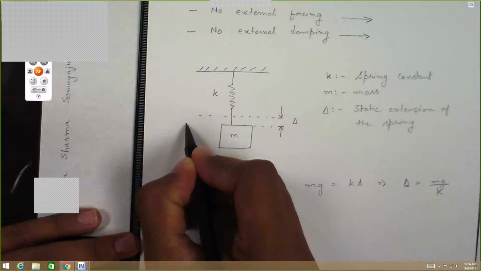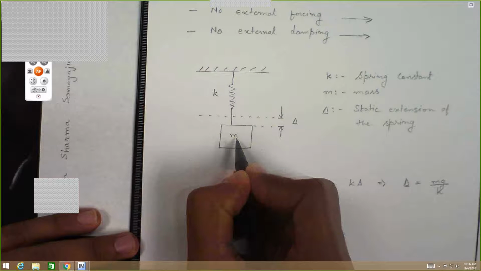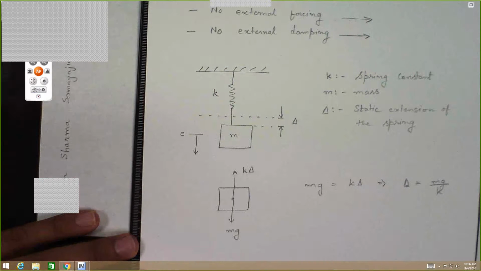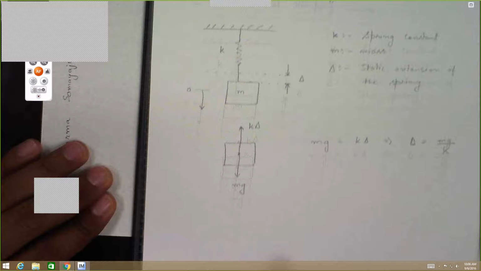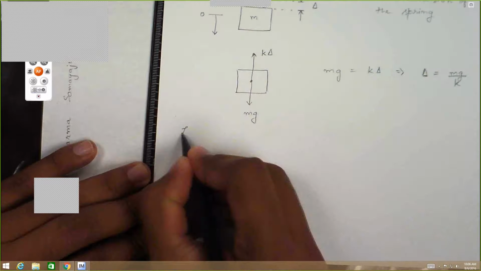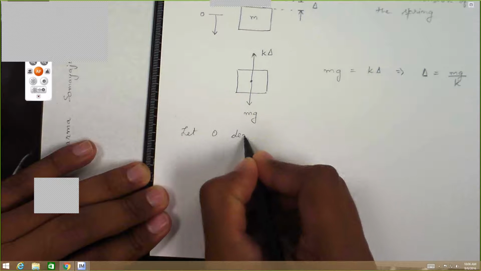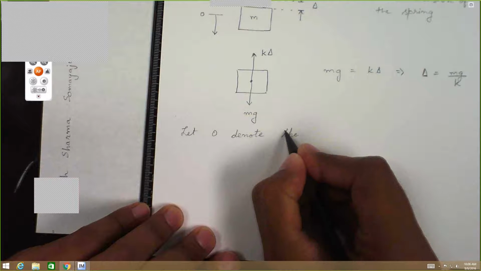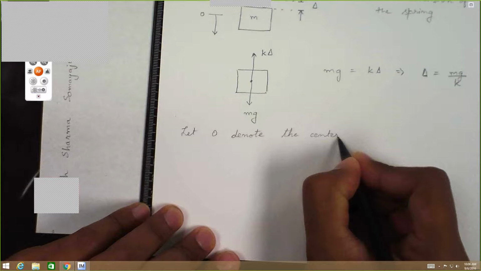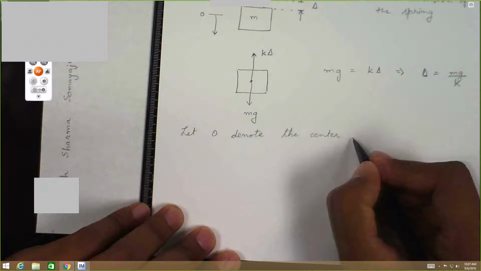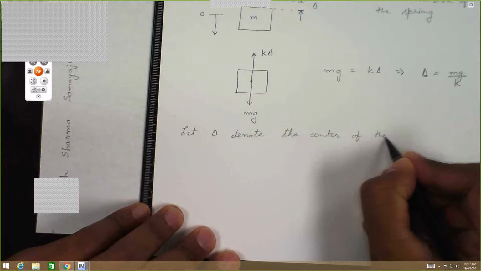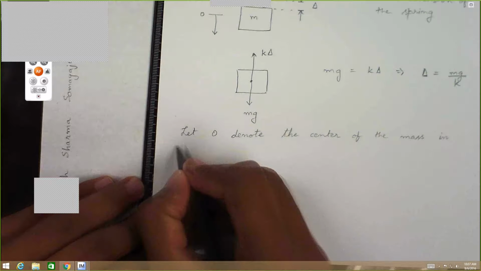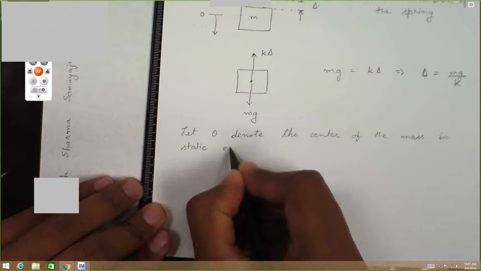So we're going to define a point O. Let O denote the center of the mass in static equilibrium.